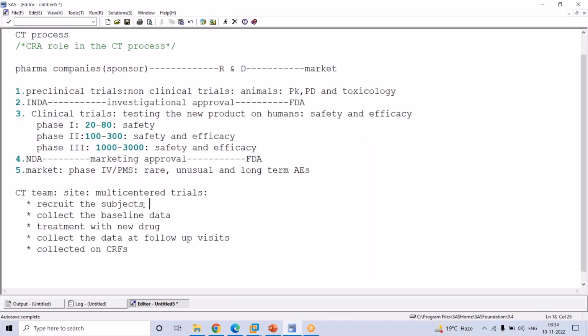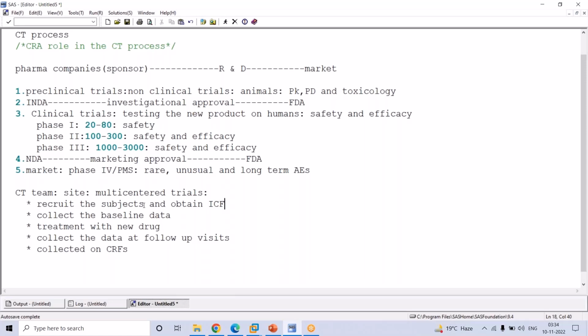They will recruit the subjects. Also, they obtain the informed consent form from the subjects. That means they take voluntary consent from the subject.